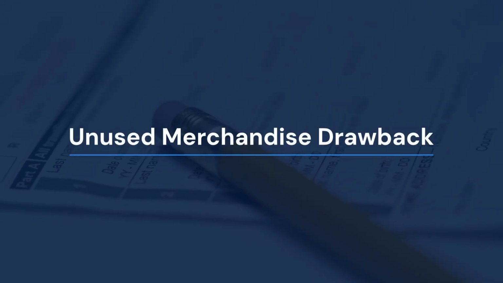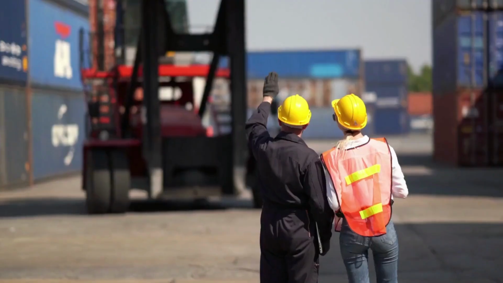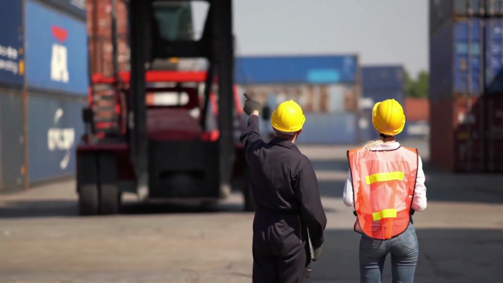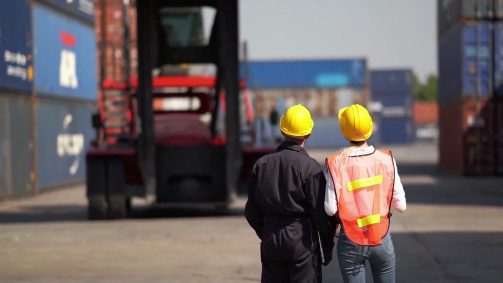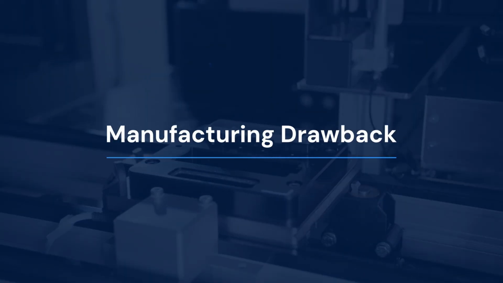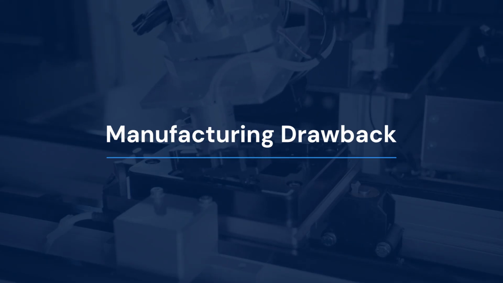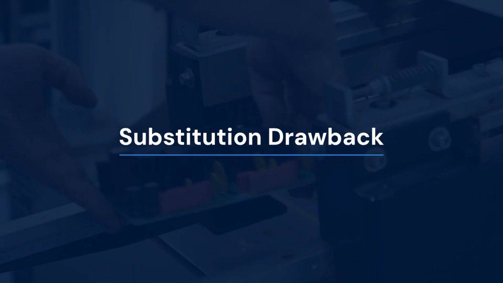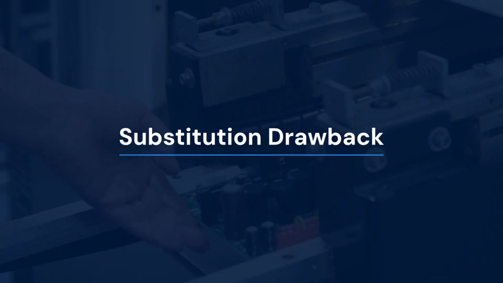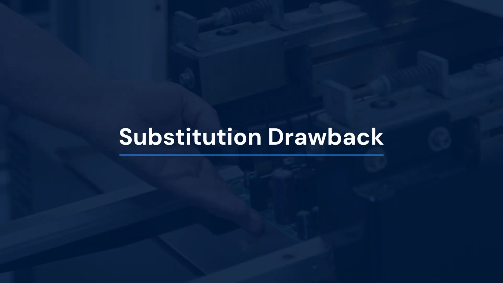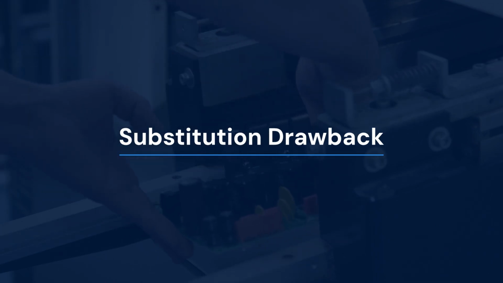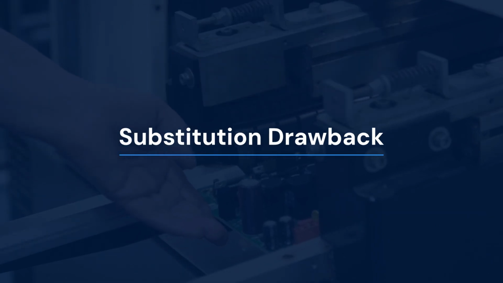There are a few key types of duty drawback you should know about. The first is unused merchandise drawback. This applies when you export the same goods you imported without significant changes. Next is manufacturing drawback, which covers situations where you use imported components to make products that are then exported. Then there's substitution drawback, which allows you to claim a refund even if the exact imported goods weren't exported, as long as the exported goods are commercially interchangeable and share the same HTS code.